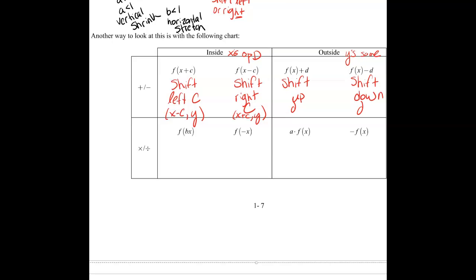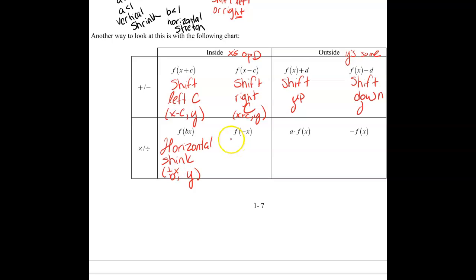So what I'm going to have to do is multiply by that reciprocal when I'm looking at x. So it's technically a horizontal shrink if b is greater than 1. So my point would end up being 1 over b x, comma, y.